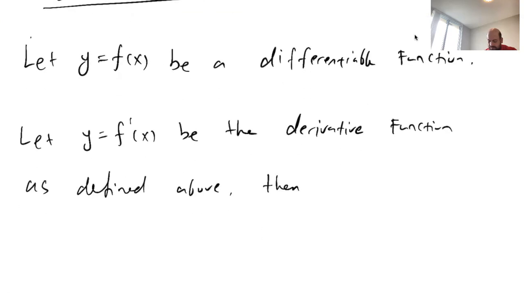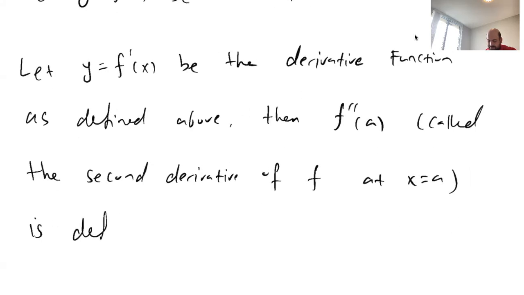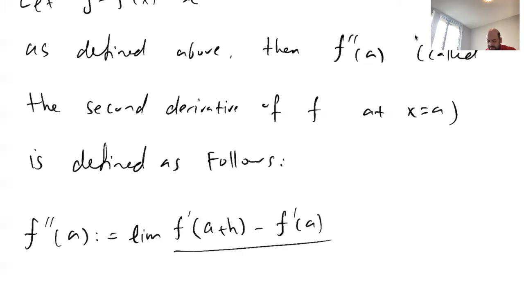Then f double prime of a, called the second derivative of f at x equals a, is defined as follows. The second derivative of f at a, f double prime of a, is defined as the limit of f prime of a plus h minus f prime of a divided by h as h approaches 0.